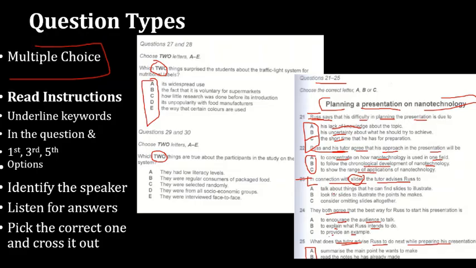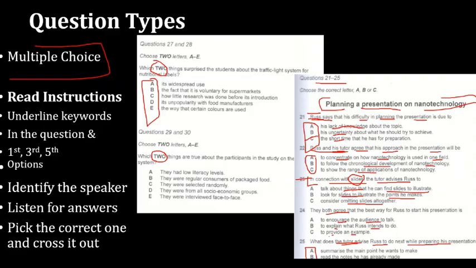Over here we talk about things he can find slides to illustrate, look for slides to illustrate the point he makes, and consider omitting slides altogether. So what will the tutor say?